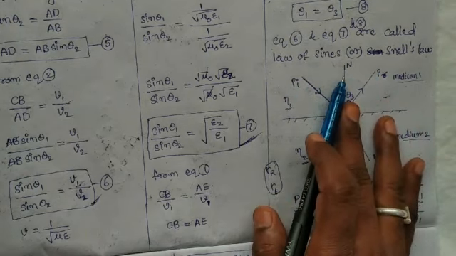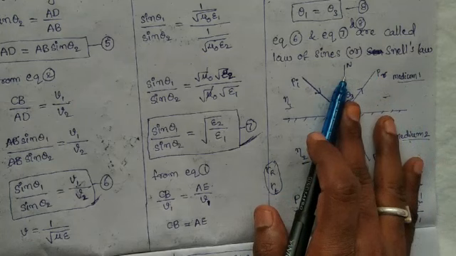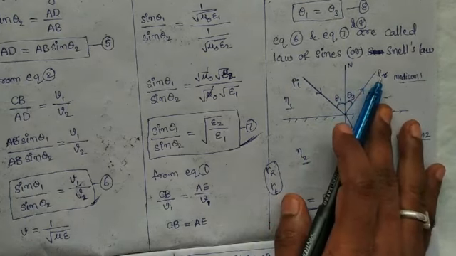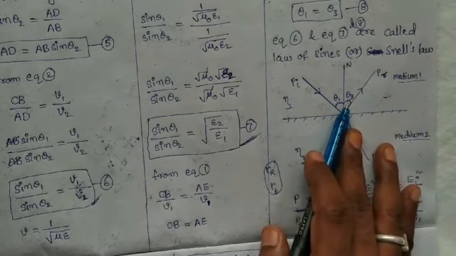Similarly, the reflected power along the normal axis is minus PR cos theta 3.